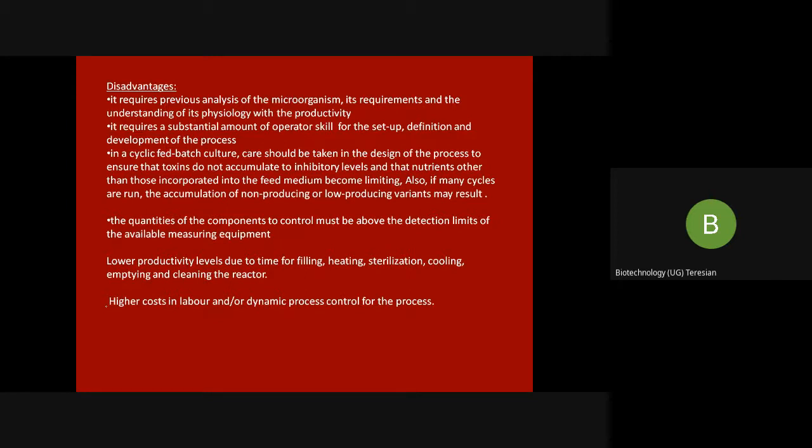Now, I told you most of the fermenters are integrated with the computer, and the operator should know all the dynamics, all the kinetics which are going on inside the fermenter. That is, by sitting outside, he has to control what is the reaction which is going on in the fermenter. So these are some of the disadvantages if you're not having a skilled person.